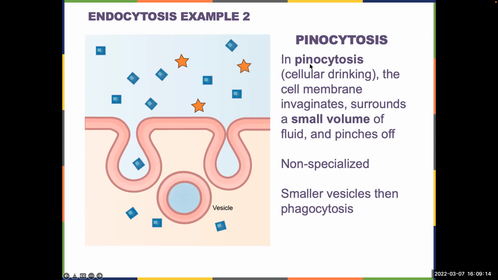So pinocytosis, cellular drinking. You're still getting the folding in and pinching off of the membrane, but now it's surrounding a small bit of fluid. It's considered non-specialized, and this is smaller vesicles than you would see for phagocytosis. Phagocytosis would be bigger.